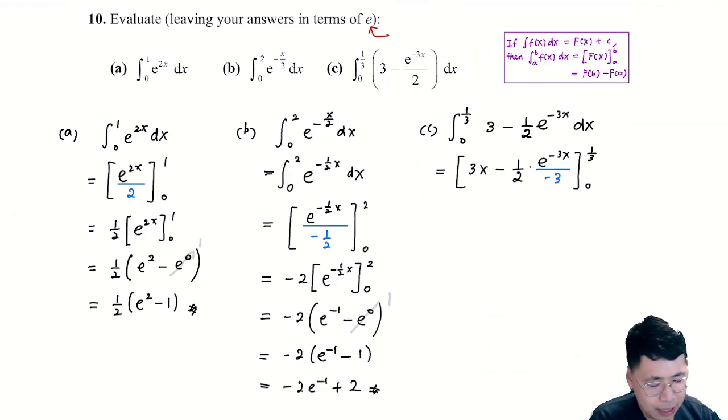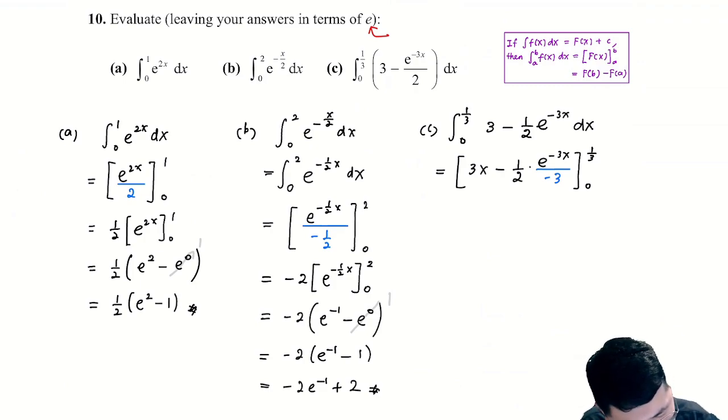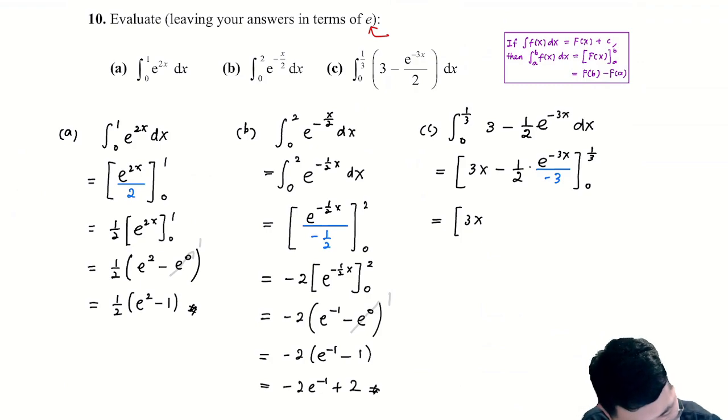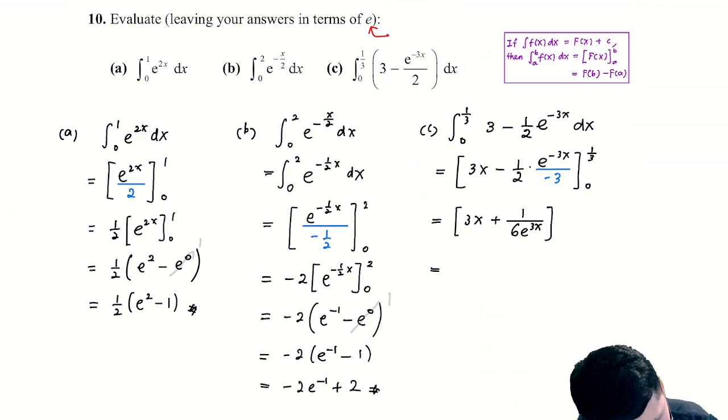So at this stage, let us rewrite this in an easy form to deal with first. Over here, 3x is just 3x, but I will need to combine all of this as one constant multiple. So this one over here will be plus 1 over 6, e to the power negative 3x. Let me sub in now.